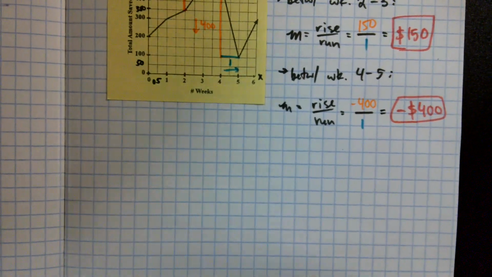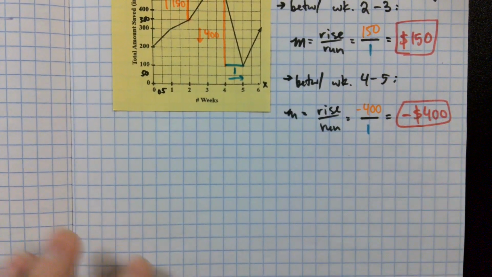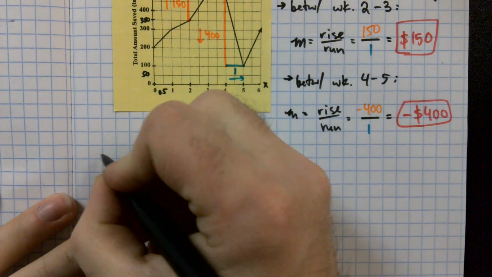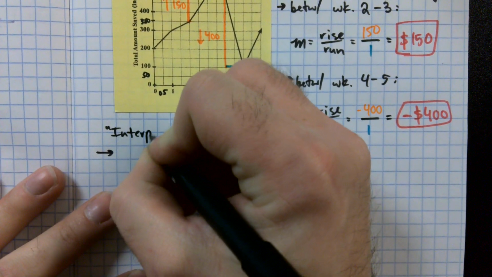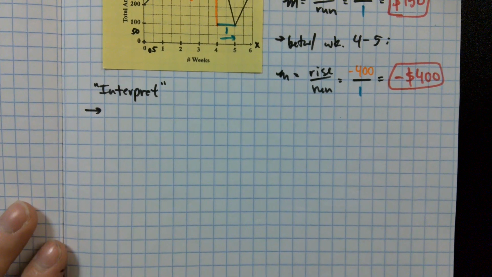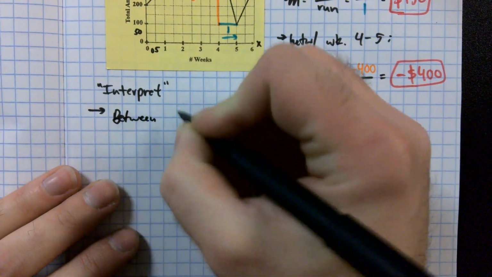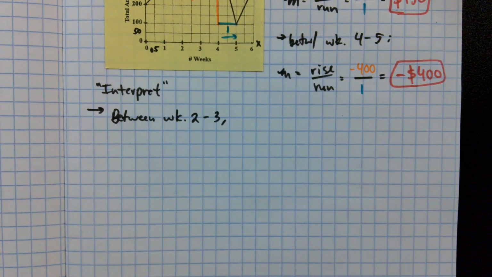So, we got our two rates of change. We got our rate of change from weeks 2 to 3 and our rate of change from weeks 4 to 5, okay? So if I was asked to interpret those rates of change, I could say, between weeks 2 and 3, what happened?